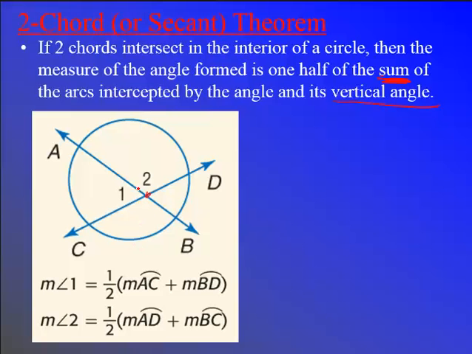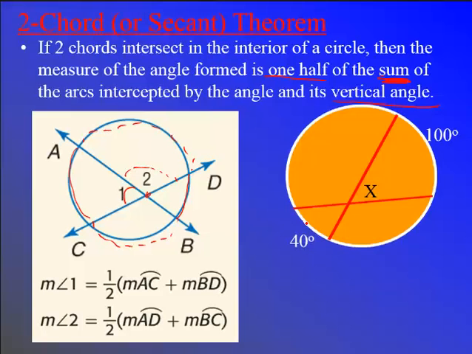So if we're looking for angle 1, we got to add up arc AC and DB, because it says the sum, and then we got to take half of that. So we're adding them up and dividing by 2, and that would help us find angle 1. If we want to find angle 2, then we've got to take the sum of AD and CB and divide them by 2.